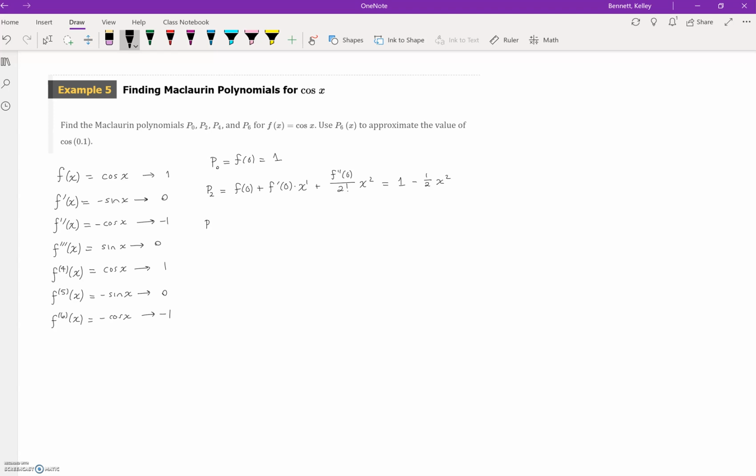For P4, we'll just write out the first 5 terms.